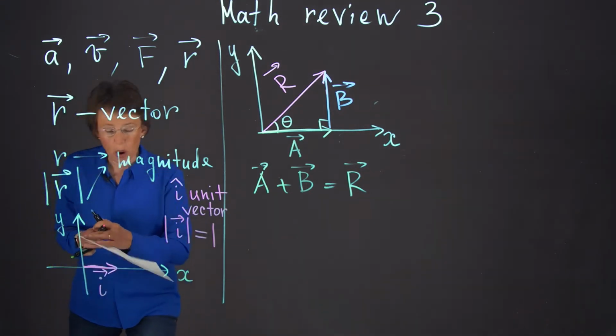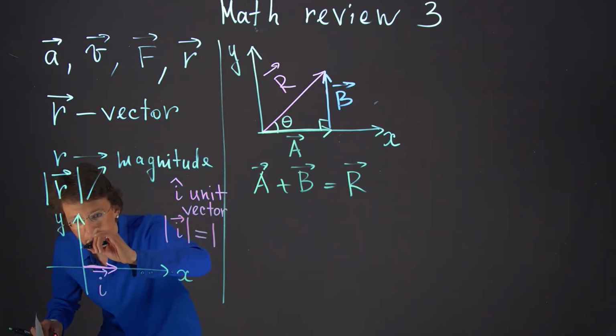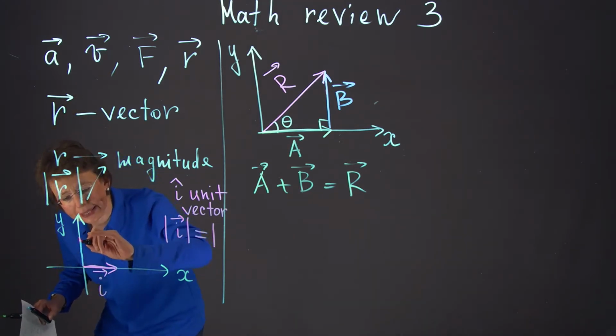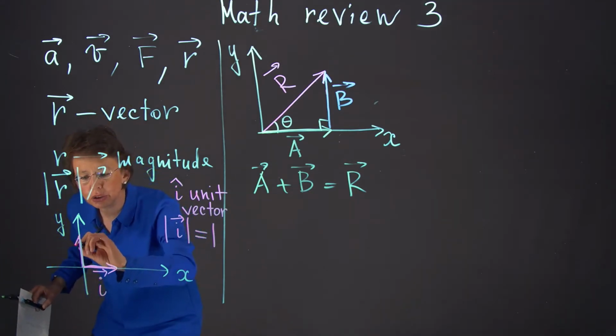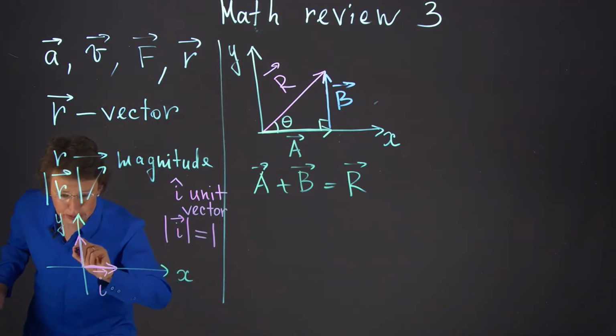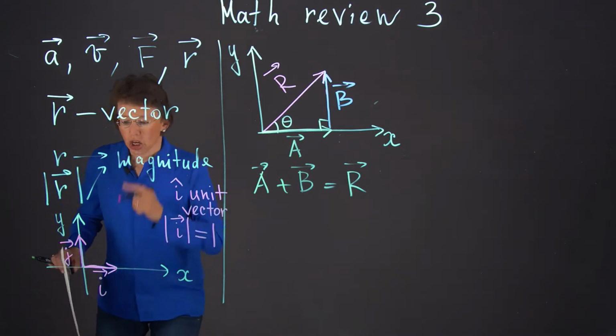We introduce one more unit vector, vector j. I will use pink again. I will introduce unit vector j. This distance is the same as this. Do you see it? If not, have imagination. Unit vector j. What's special about j? It's a unit vector.